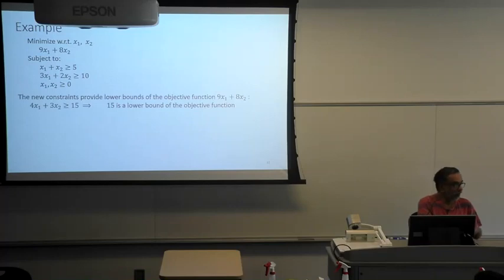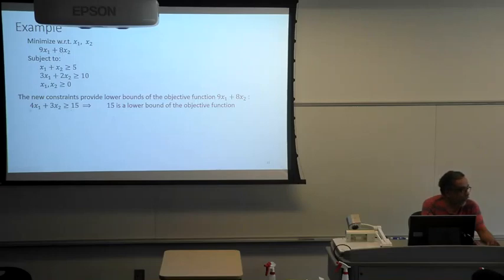Now this new constraint, see this 4x1 plus 3x2 greater than or equal to 15. Look at the coefficients. Here it's 9x1, here it's 4x1. We know that x1 and x2 are both non-negative. And this is 8x2, this is 3x2.